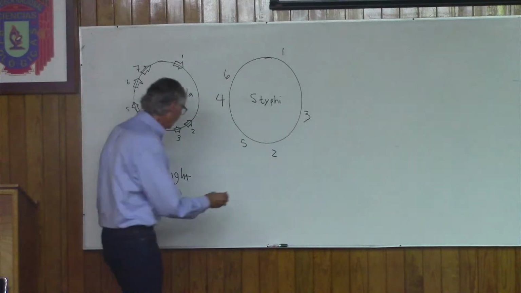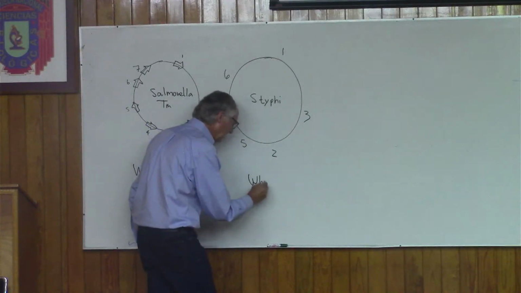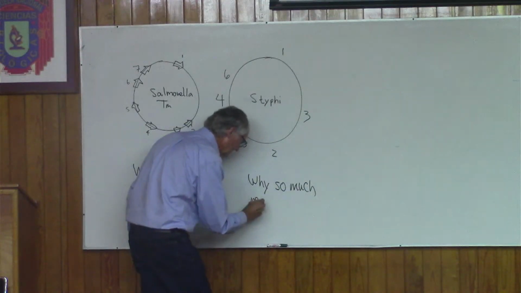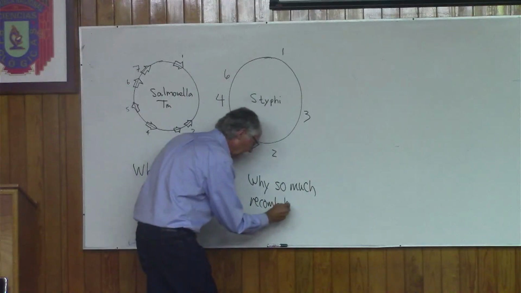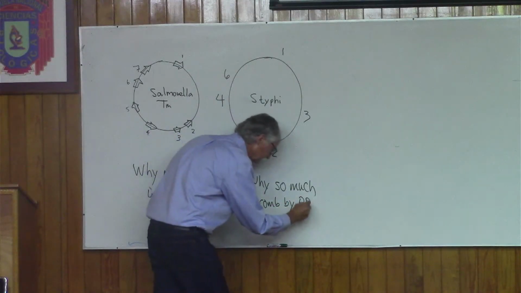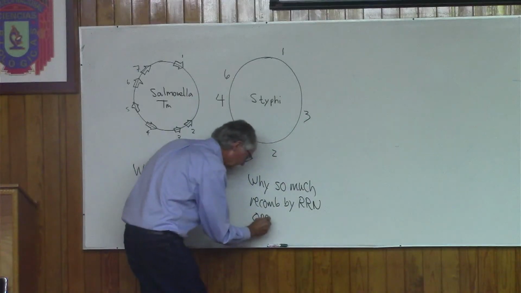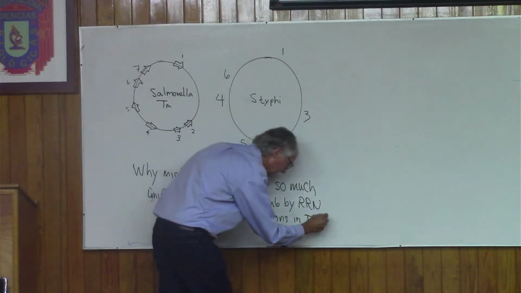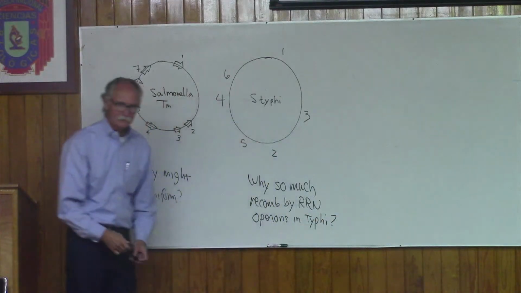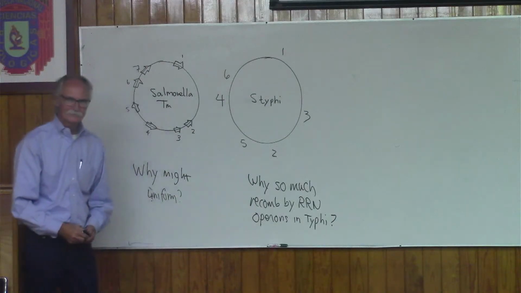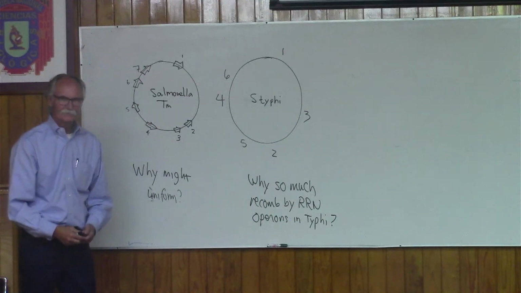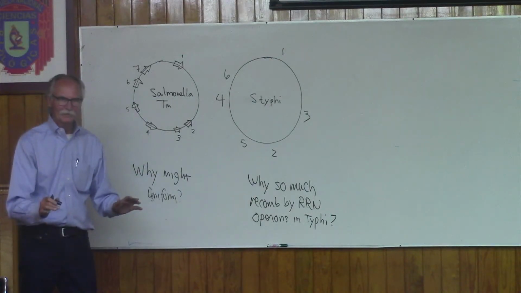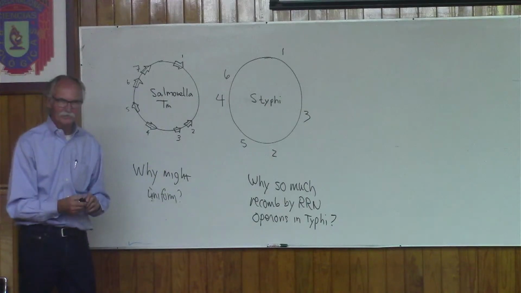Second one is, why is there so much recombination between the rRNAs in typhi? So you don't have to know the answer. I want you to think about why it might be. This is really a thought question.